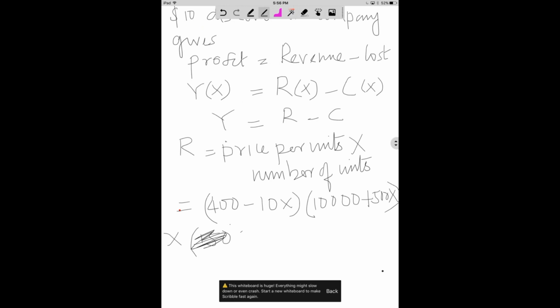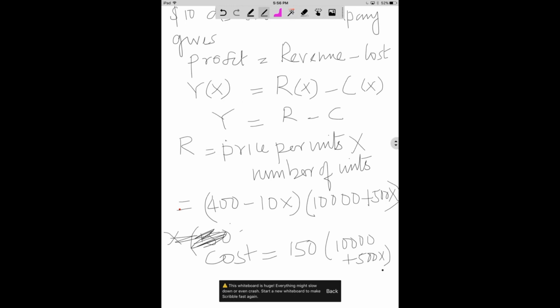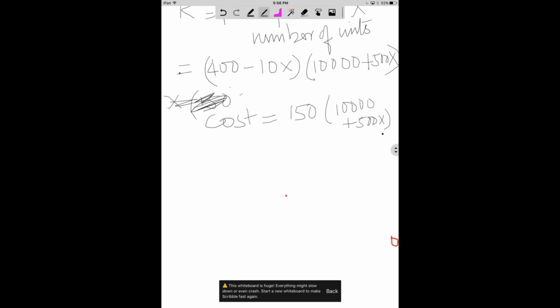The manufacture cost of each phone is $150. So total cost of manufacture equals 150 times the total number of units, which we already found, 10,000 plus 500x. Now we are going to simplify, just substitute these two values, revenue and cost, in the equation.